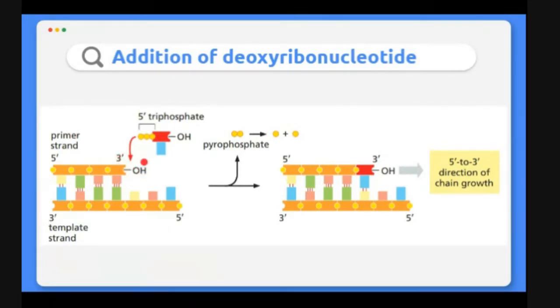Why? Because there is a presence of the hydroxyl group which acts as nucleophilic attack in your dNTP. And if you observe your 5' end dito, wala siyang OH group. So therefore, wala kang pang nucleophilic attack. So kaya dahil sa 3' end lang nag-a-add ang deoxyribonucleotide, dahil sa 3' end again, meron kang hydroxyl group na nagno-nucleophilic attack sa iyong dNTP.